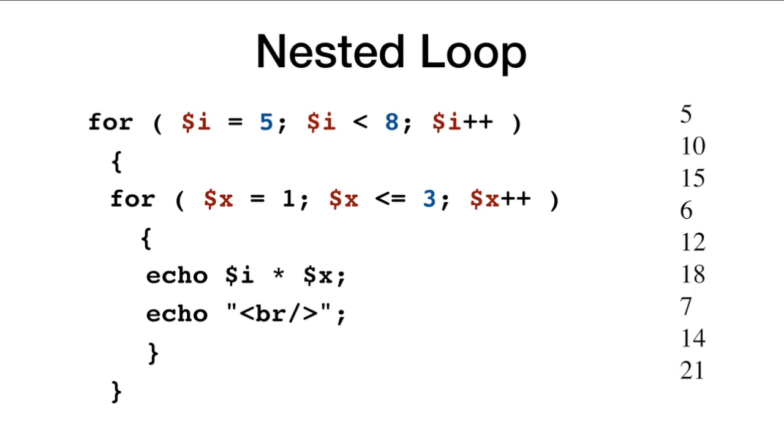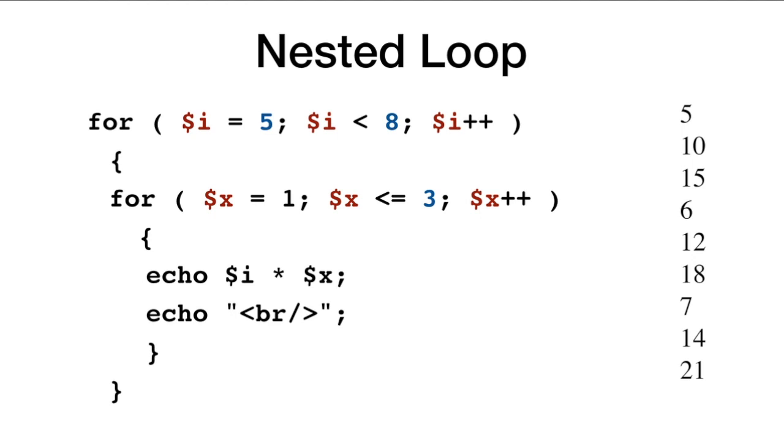The inner loop goes around again, and this time X will be equal to 3, and so we have 5 times 3 for 15.